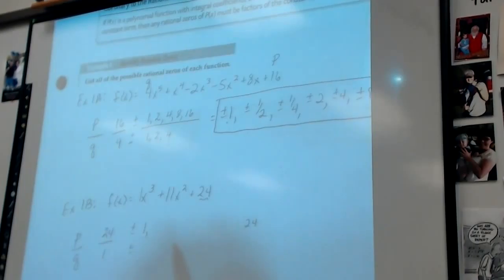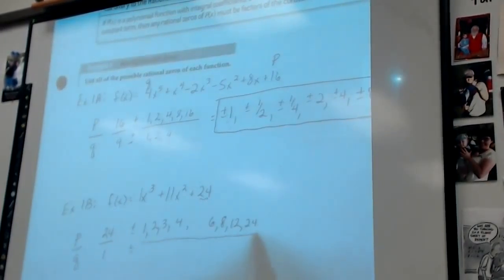Then what? 2 and 12. Then 3 and what? 8. Next. 4, 6. Anything else? Well, when you get to 6, it starts back over. So that's it. I kind of left a little bit too much room.